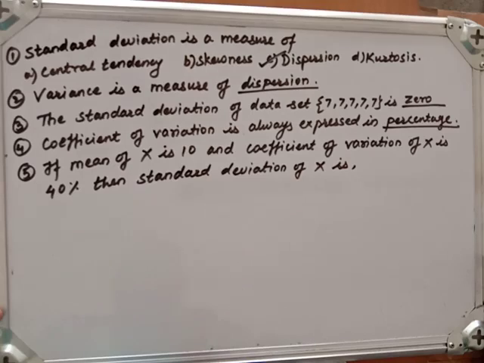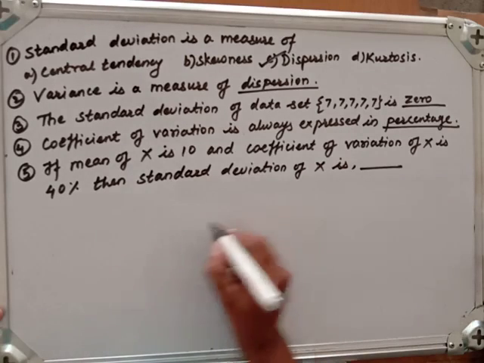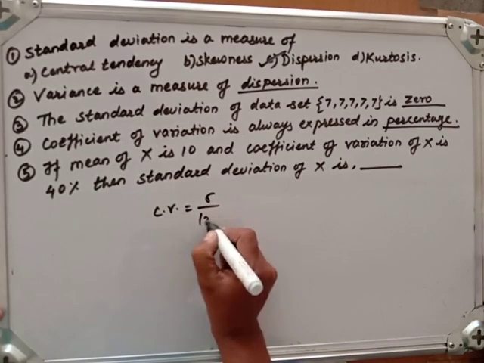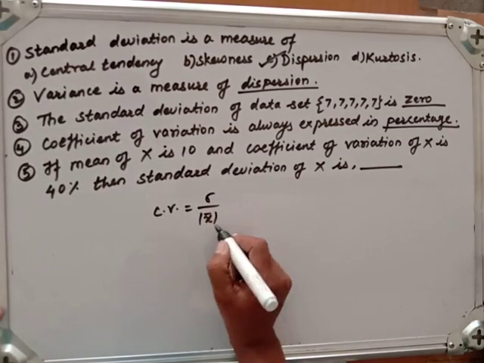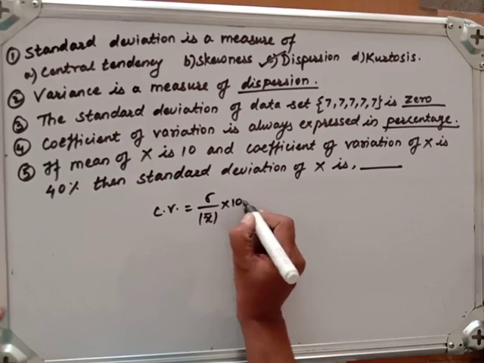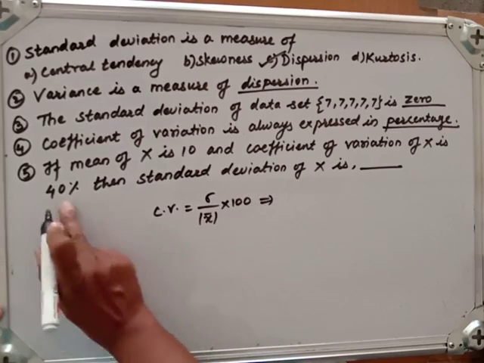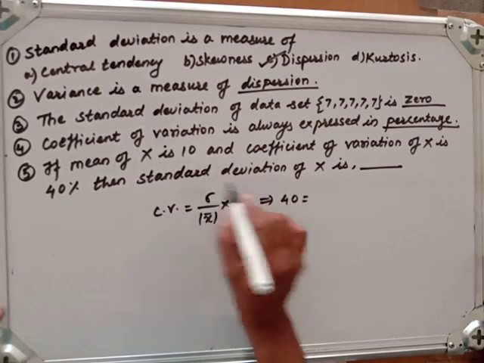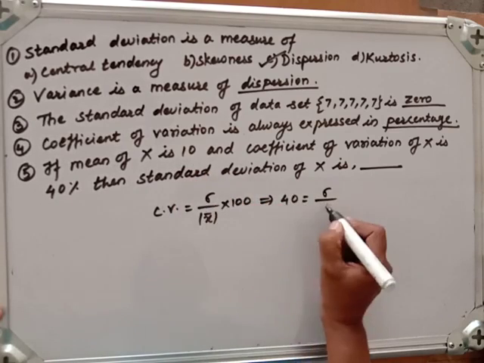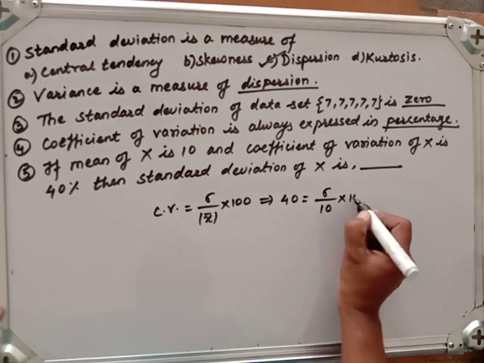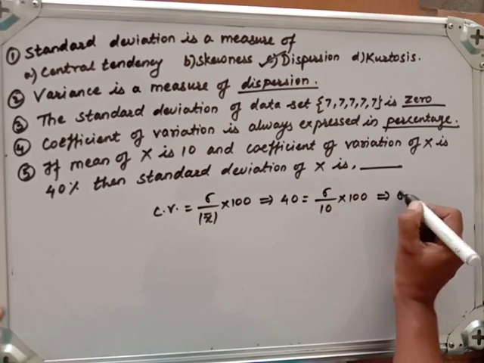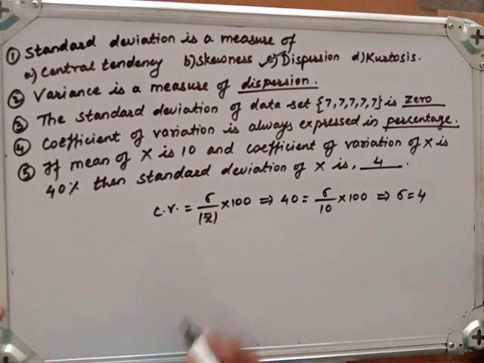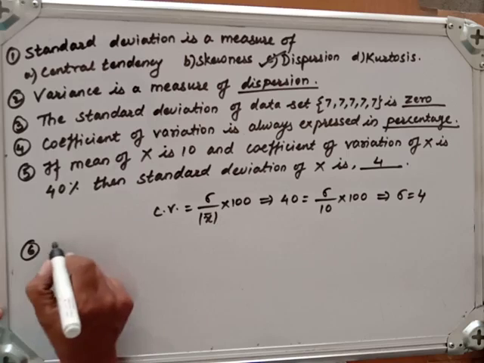Now it is very easy to determine. Already you have the result that CV is equal to standard deviation upon mod of mean into 100. Now you have the value of CV, 40%, that is 40, and sigma is not known. The mean is 10, into 100. So we get from this sigma is equal to 4. Okay.